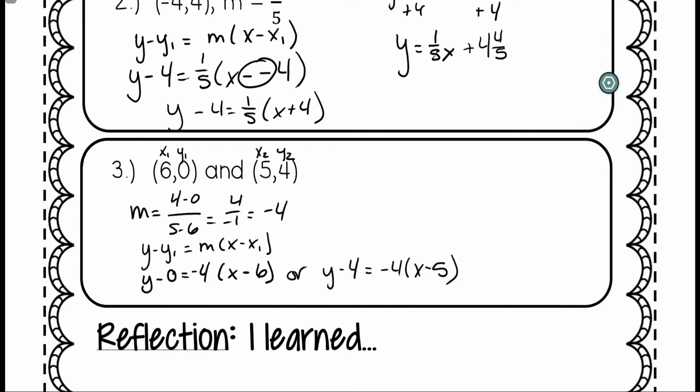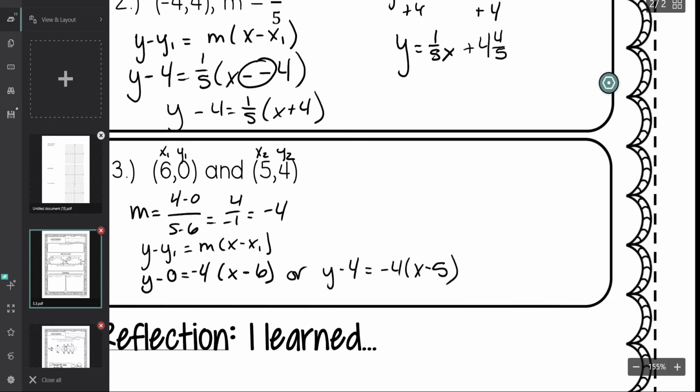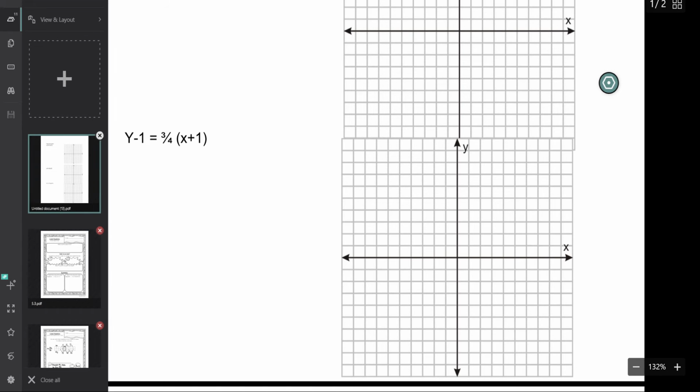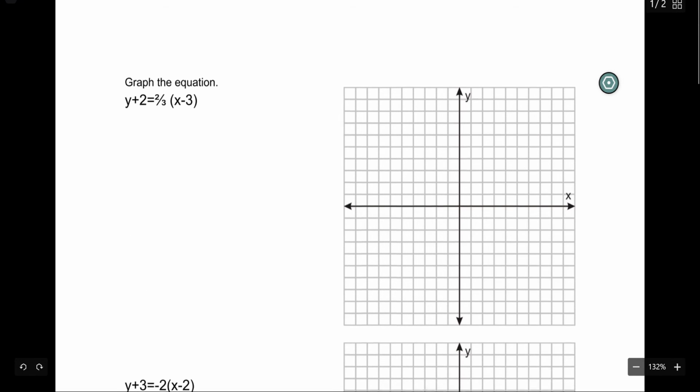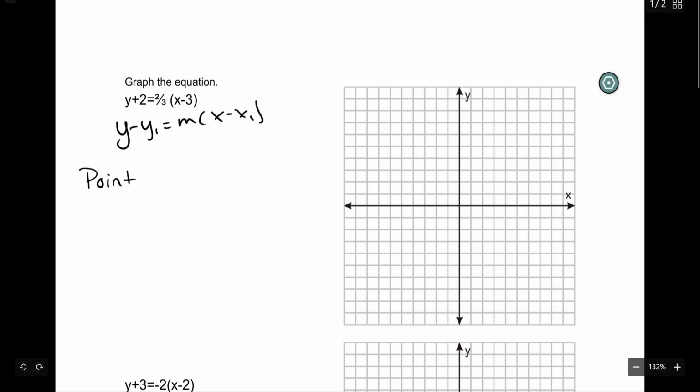Okay, now that we've taken a point or two points and a slope and changed them into point-slope form, we're going to graph using point-slope form. Remember again, it's y minus y1 is equal to m parentheses x minus x1. So the first thing we need to do is identify our point and our slope. Since they're supposed to be subtracting, that means technically 2 is negative.